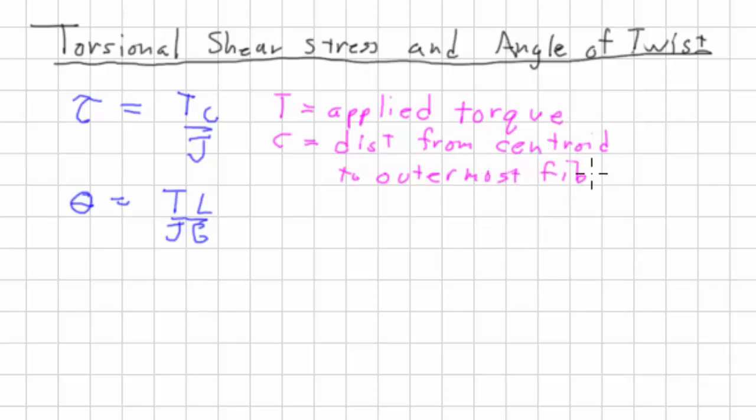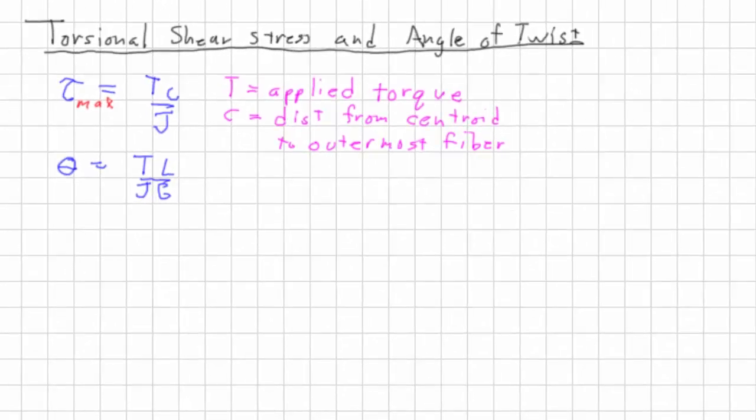Okay, this outermost fiber of a cross section is going to undergo the highest shear stress. So that's why this is the maximum shear stress. And for a circular shaft like I was showing you, it is simply the outer radius.